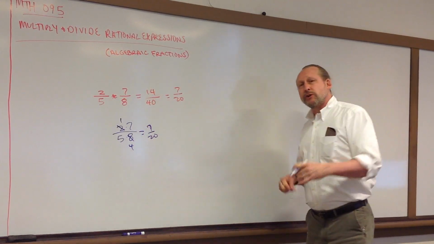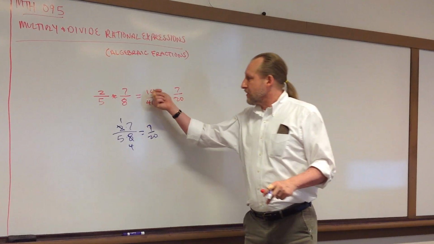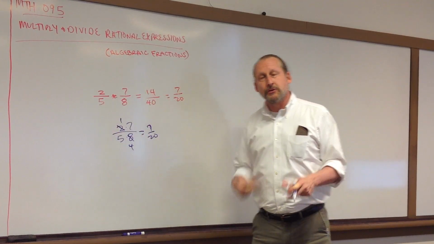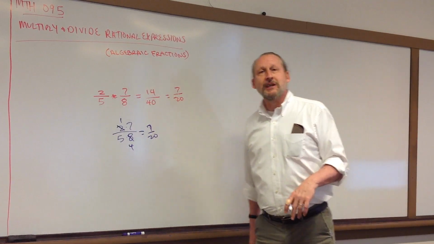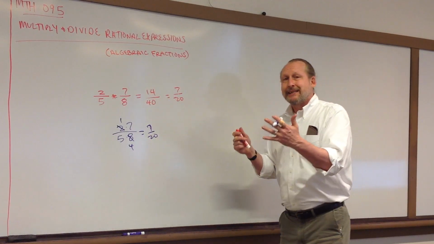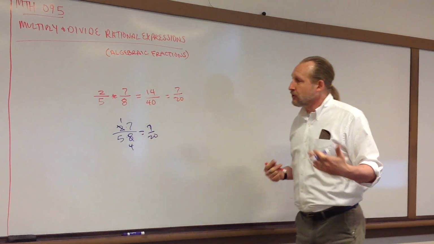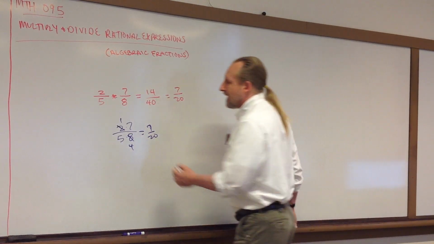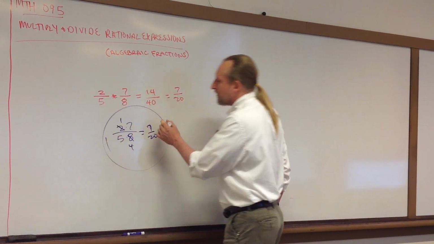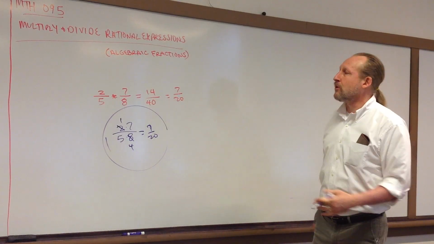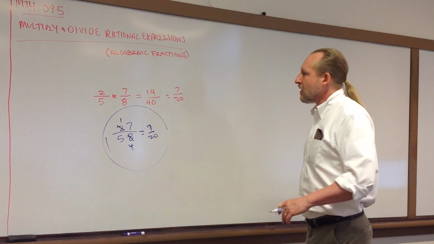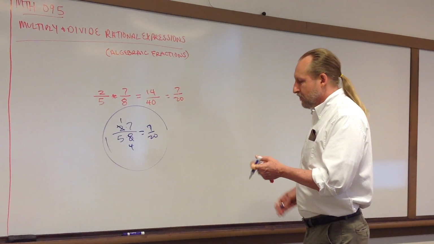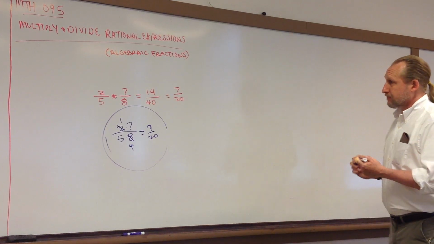It doesn't matter which way you do it, whether you reduce after you multiply or reduce before you multiply, but when it comes to algebraic fractions, the more you multiply things together, the harder it is to undo that. And so it's a really good idea to look to cancel first, okay, before you do all of that multiplying. Okay, so that is multiplying fractions.